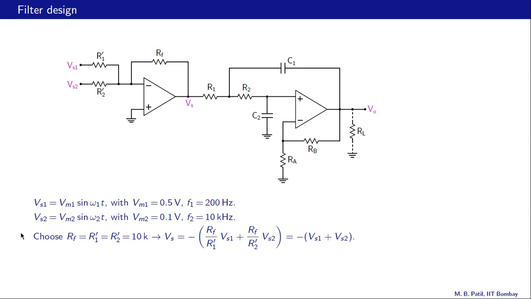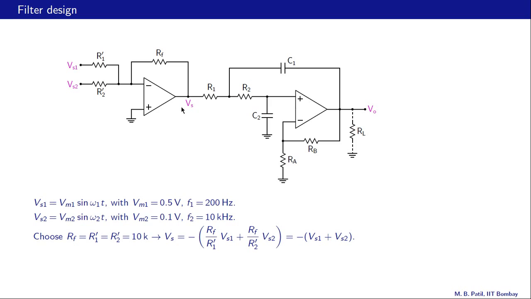Let us now come to the second part of the problem, in which we have these two sinusoidal voltage sources, Vs1 equal to Vm1 sin omega 1t with a low frequency, and Vs2 equal to Vm2 sin omega 2t with a high frequency. We want to add these two and then apply to the filter circuit, this one. And we can use our op-amp summer to add these two voltages, and that is what is shown over here.